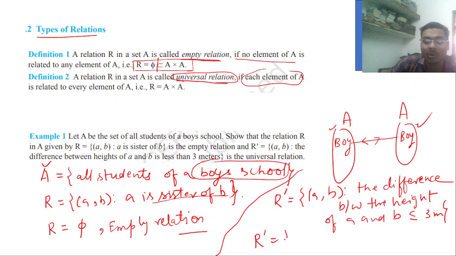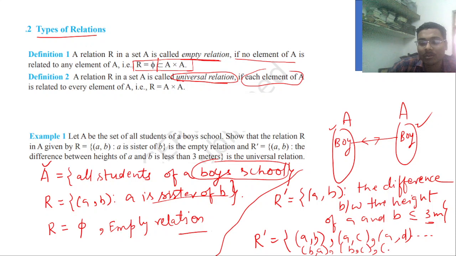Now you can consider all the elements of A, because the difference in height of two students will always be less than 3 meters. So you will get all the students in this set: A to B, A to C, A to D, and so on. Then B to A, B to C, and B to B is also here. A to A is also here.